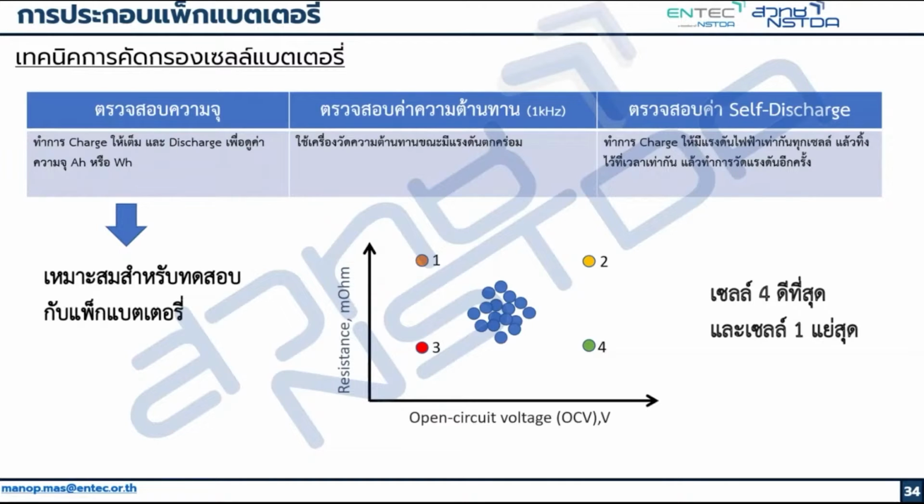We need a specific tool for self-discharge. How do we use it? We need to charge all batteries to the same level, or leave them for 1 or 2 weeks, depending on the cell, to see the voltage. If it drops too low, we will not use that battery.